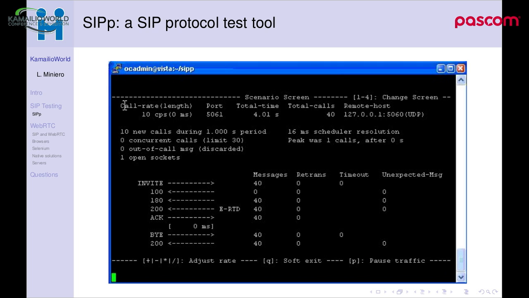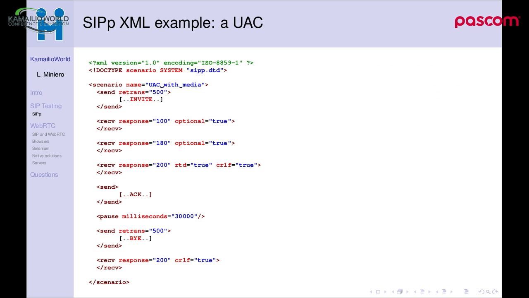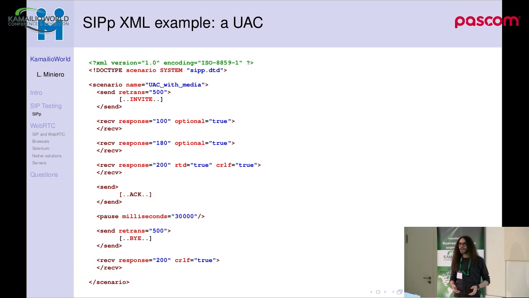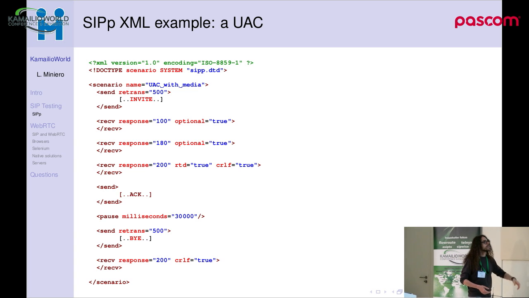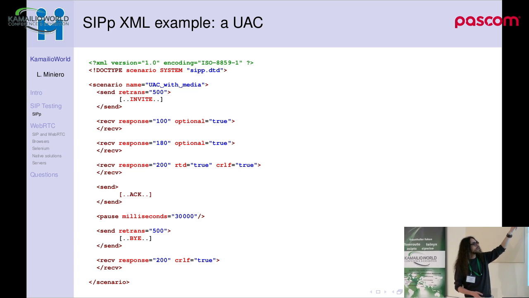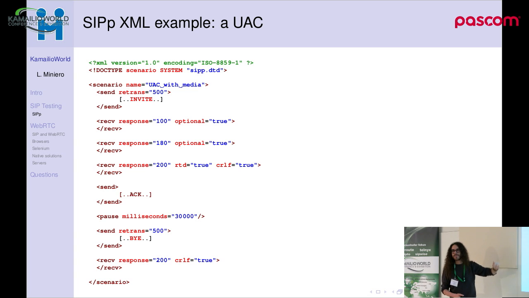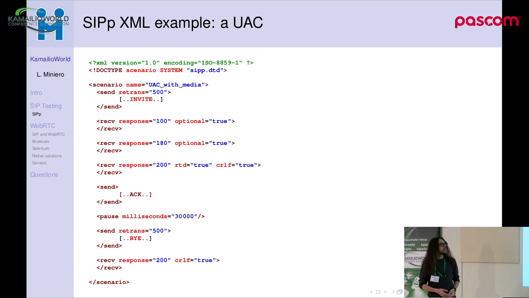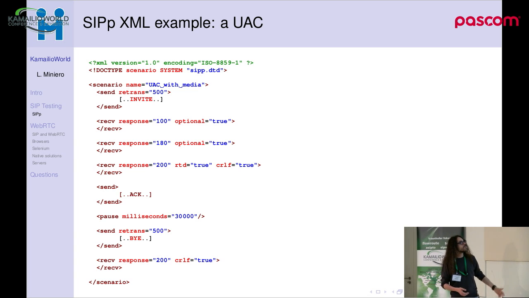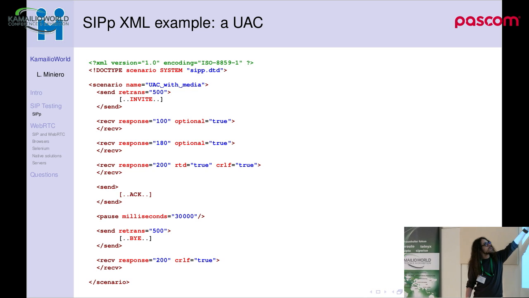And if we want to have a look at how the XML looks in principle, we can summarize it like this. So this is a simple example of how you can design a very simple user agent client with SIPp. As you can see, you have a scenario element that you can then just populate with the different steps that need to be part of the testing campaign. We may start with a message.